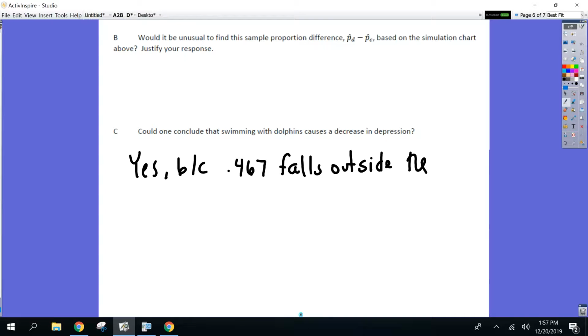Falls outside the confidence interval. Yep. Meaning it did not happen by random chance.